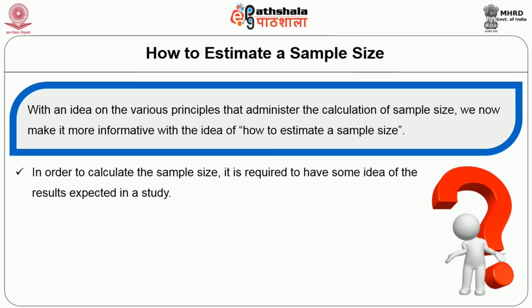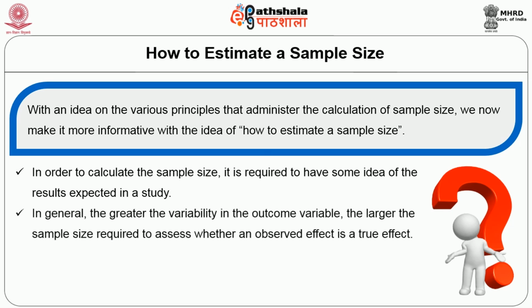In order to calculate the sample size, it is required to have some idea of the results expected in a study. In general, the greater the variability in the outcome variable, the larger the sample size required to assess whether an observed effect is a true effect.